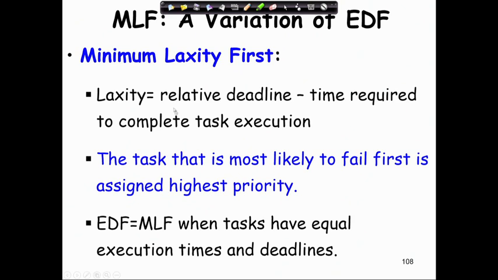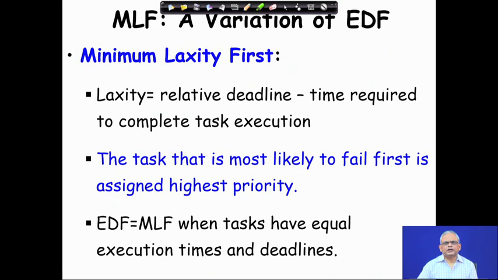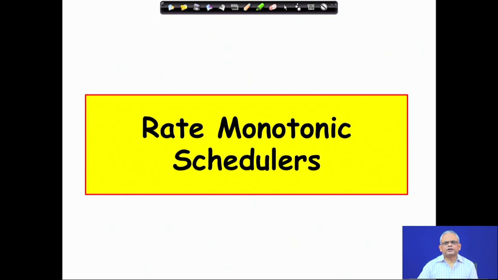Here the laxity is defined as the deadline minus the time required to compute the task execution, and this turns out to be a good algorithm, because the task that is most likely to fail first is assigned the highest priority, and it performs at least as well as EDF, but in some cases it can perform better than EDF.